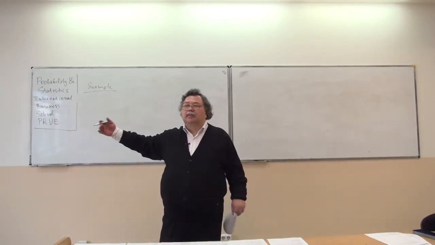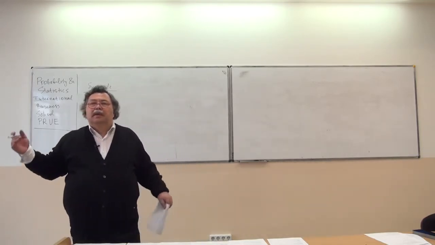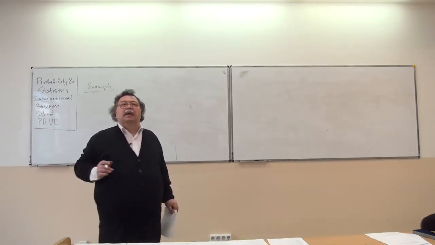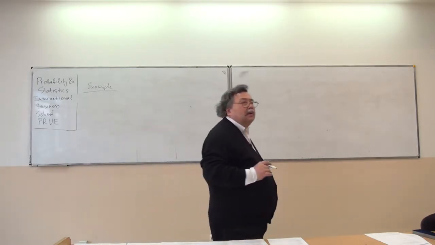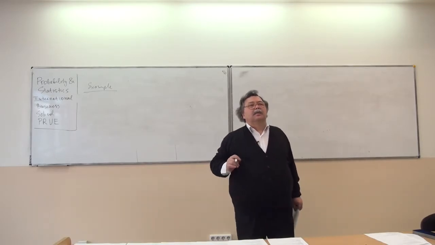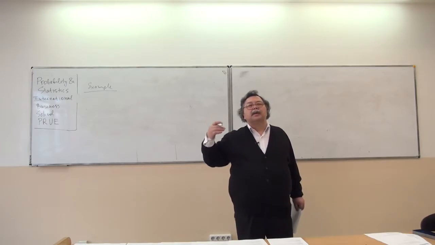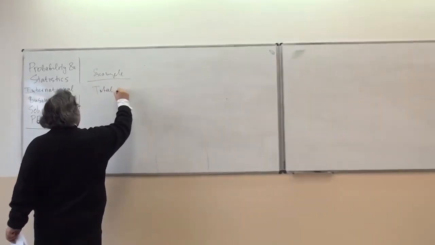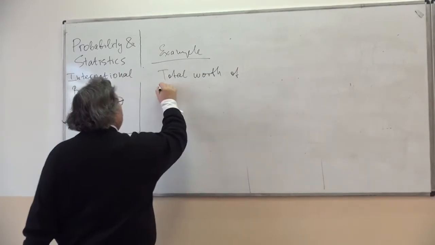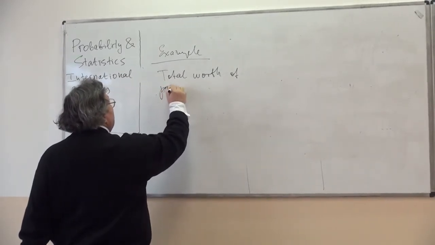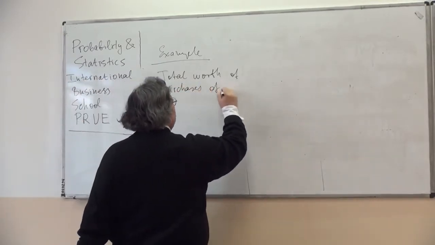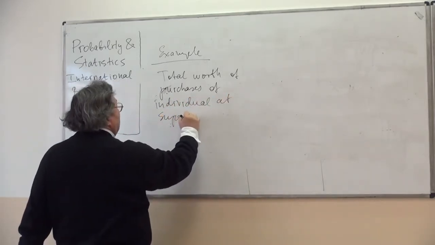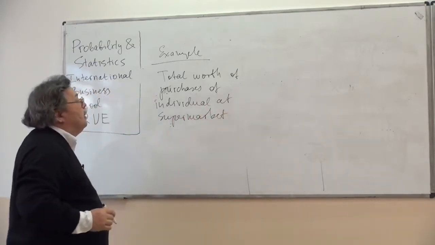So a person arrives at a supermarket and buys things like bread, milk, meat, vegetables, whatever, and the objective of your survey is to develop a distribution for the total price or worth of these purchases. So, the total worth of purchases of an individual at a supermarket. Let's denote it by X.